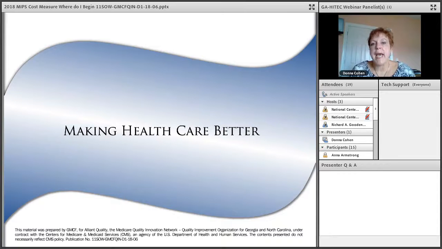So unfortunately, it is past the deadline, and it's impossible to file an informal review at the current time. That would have had to be done before December 31st, 2017. And there you would have contacted the help desk. There was a particular link that you would have accessed and filed an informal review.